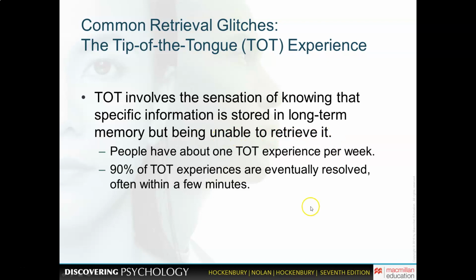We say, boy, it's right on the tip of my tongue, but I just cannot say it. Well, researchers have discovered that people have about one tip of the tongue experience per week. That's an average, a broad generalization.